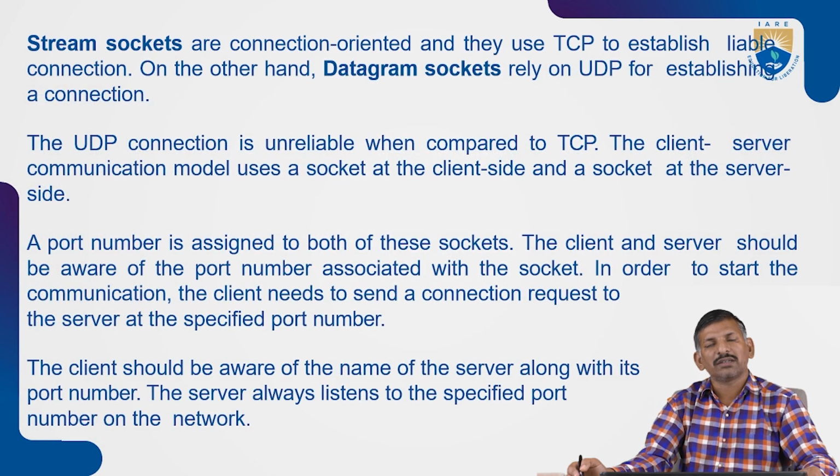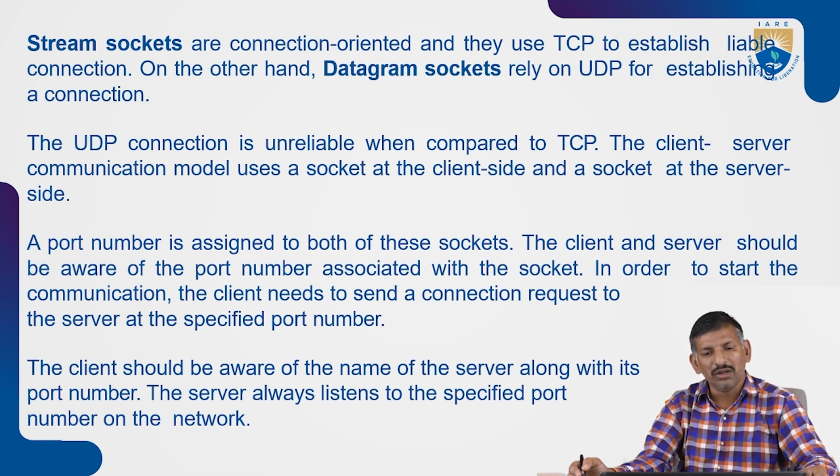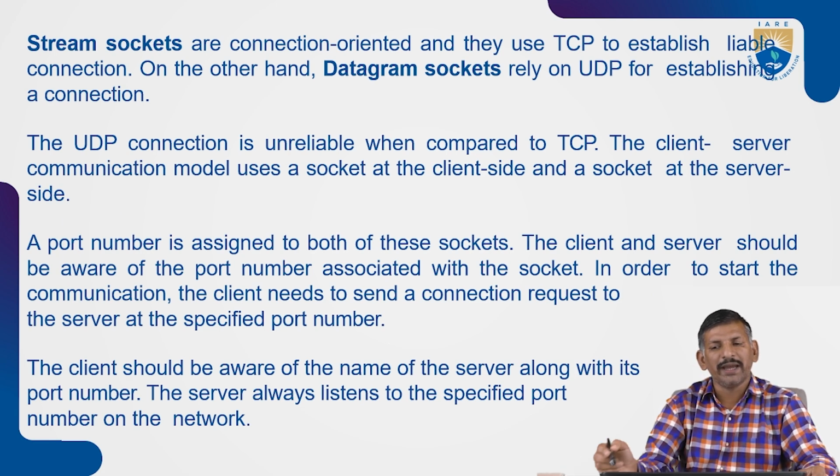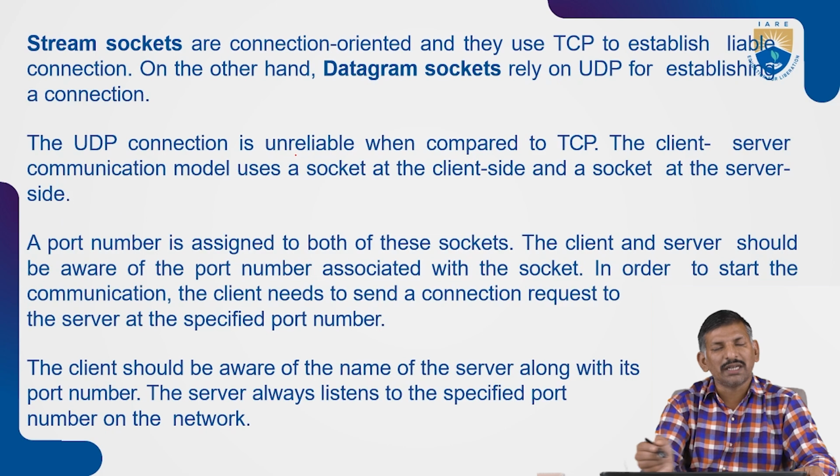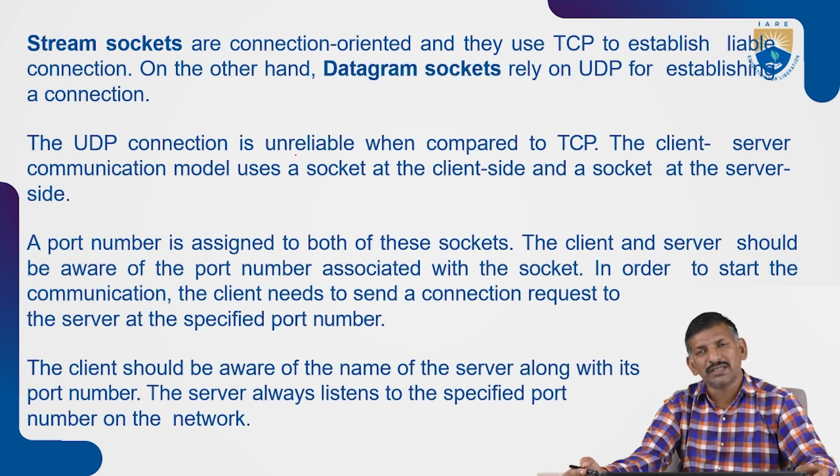Stream sockets are connection oriented, and they use the TCP protocol to establish a reliable connection. On the other hand, datagram sockets rely on UDP for establishing the connection. The UDP connection is unreliable when compared with the TCP protocol.